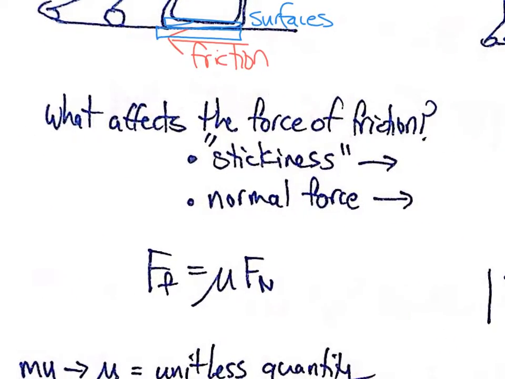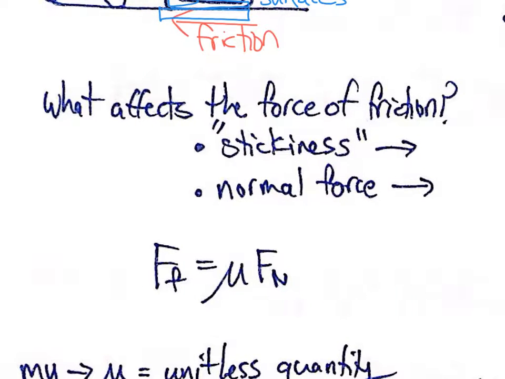All right, so what affects the force of the friction? Two things. One is the stickiness of the two surfaces. If you've been to an ice skating rink, you can walk out onto the ice and it's quite slippery. If you're on ice skates, it's even perhaps more slippery. So here's ice, and here's shoe, and it would be slippery.